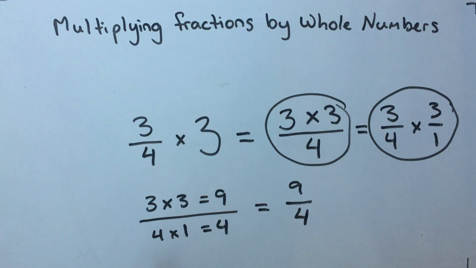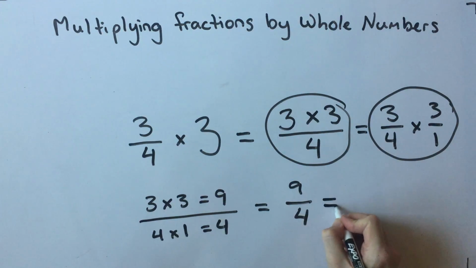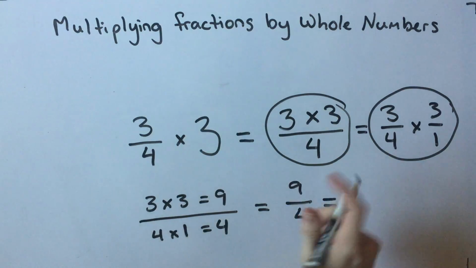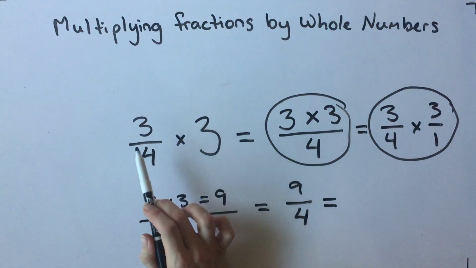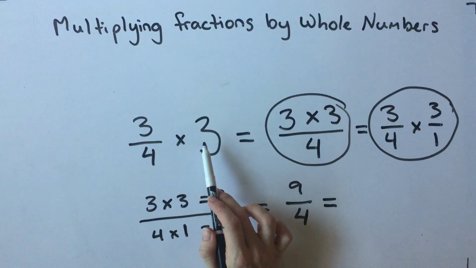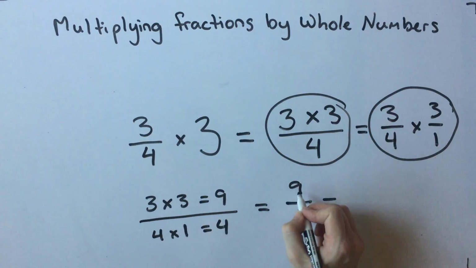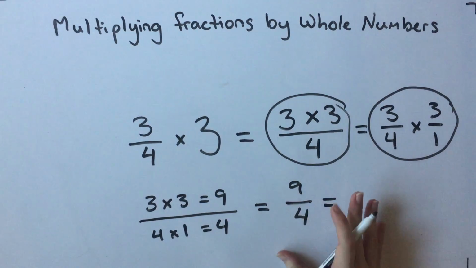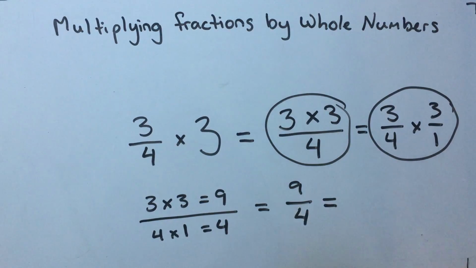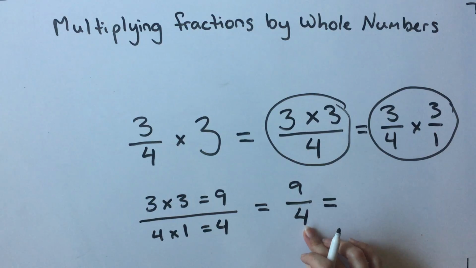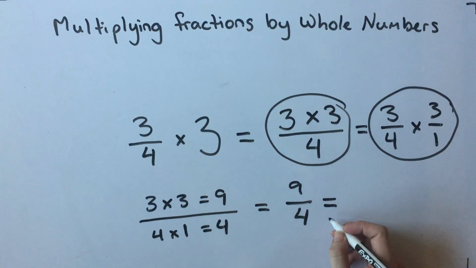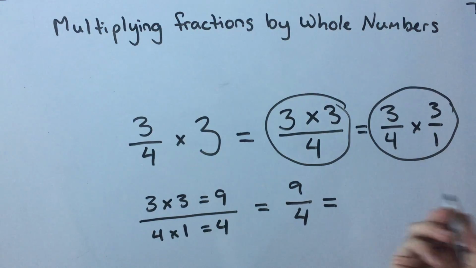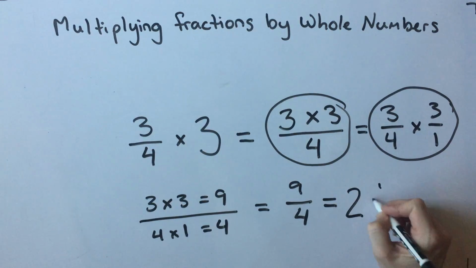That's fine. So if you want to think about it really fast, you can even think in your head, oh, hey, 3 times 3, that's 9, and 4 just goes on the bottom here. That might be a little quick for you, but that's one way that you can do it. And then remember that you have to, again, turn that into your mixed number instead of your improper fraction, which we found was 2 1/4.